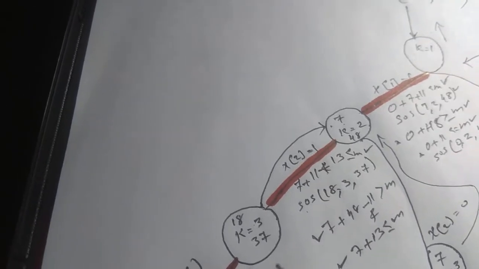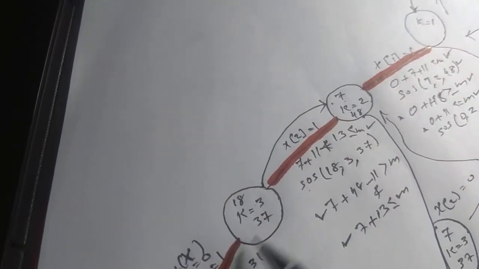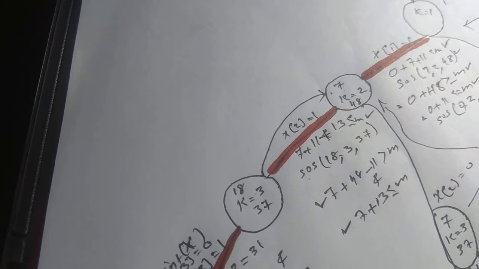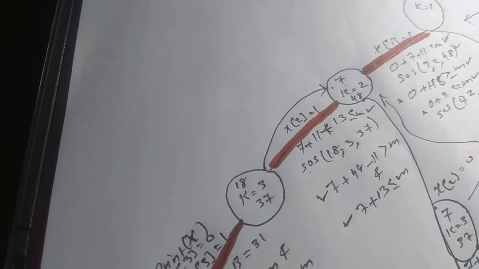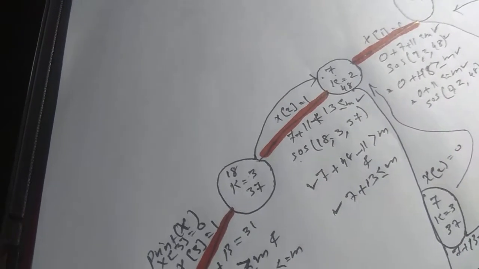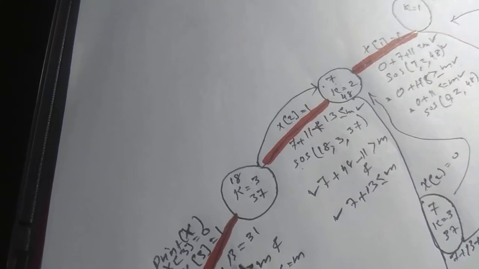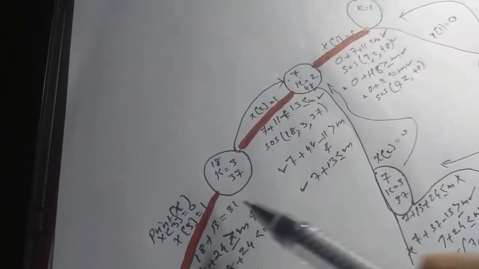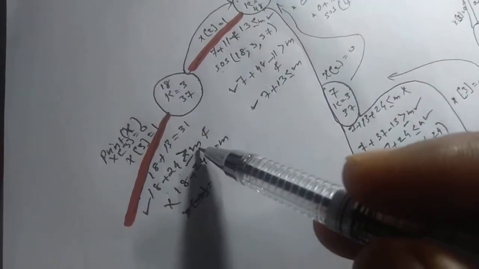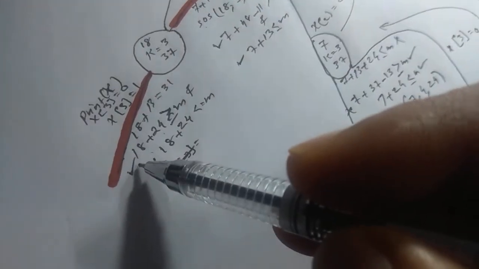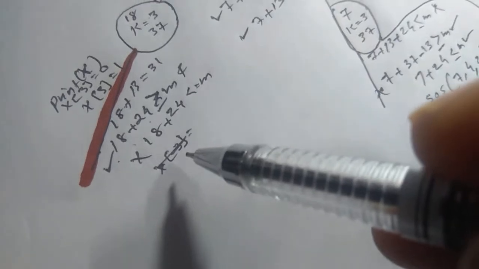Okay, it has to do that. So it is doing here. Sum plus the remaining sum is 18 plus 37 minus wk, k equal to 3. So 37 minus 13 is 24. So it is greater than or equal to m. Okay, it is correct.